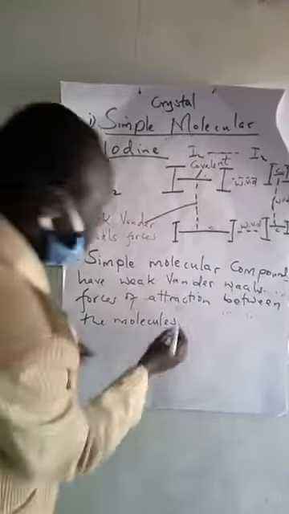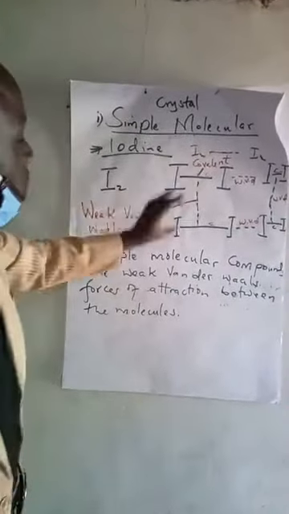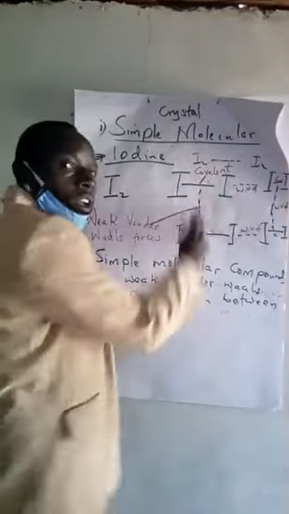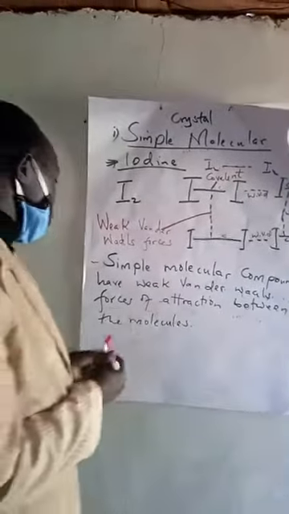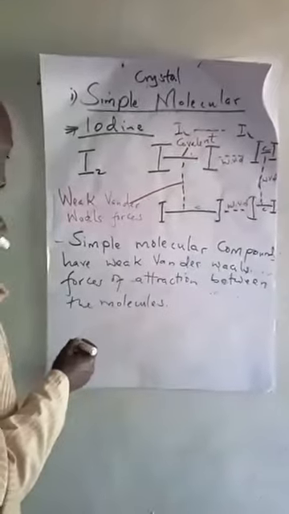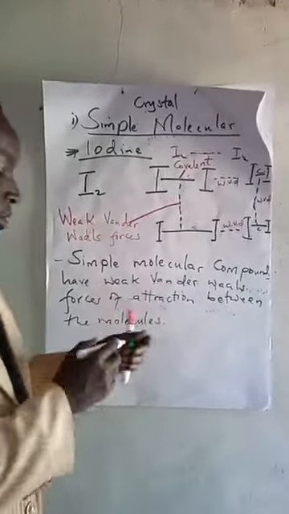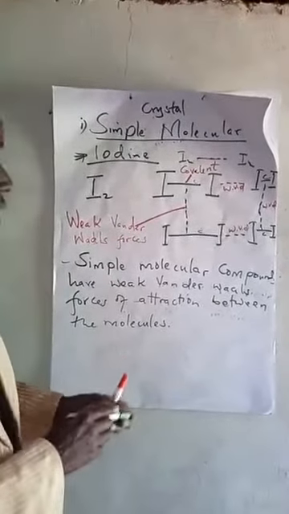This one is a molecule, this one is a molecule. Between the molecules is called intermolecular. So weak van der Waals force is an intermolecular force of attraction.